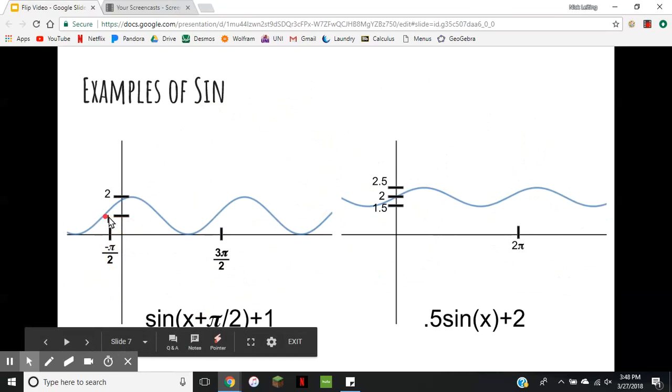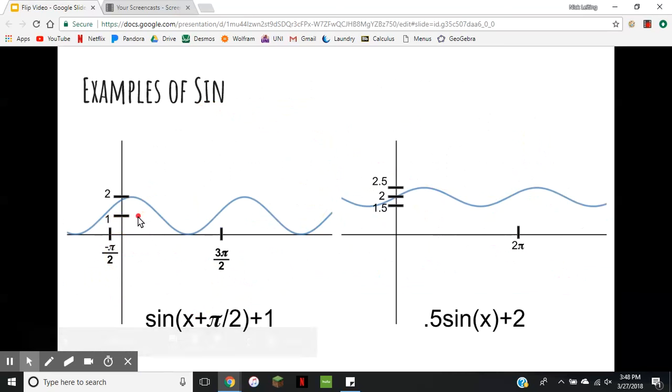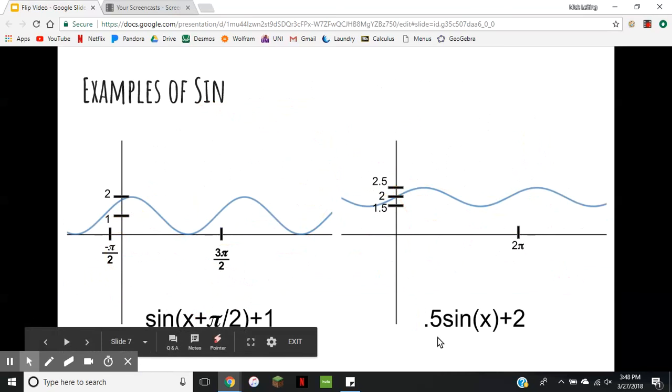And we see also that our vertical shift is 1. And for our right function, we see that it has a vertical shift of 2, and the distance between our center line and our top peak is half, so it'll be half times the sine of x plus 2.